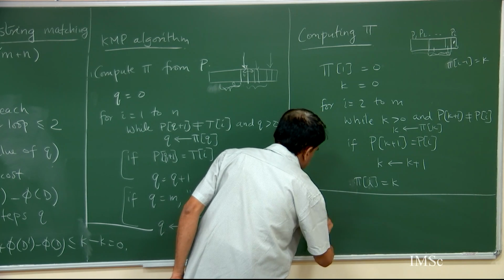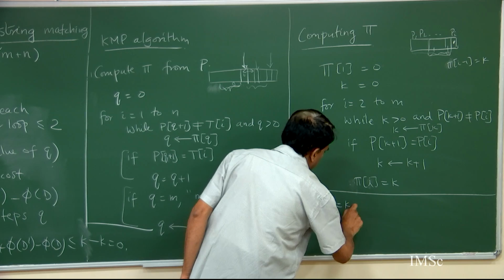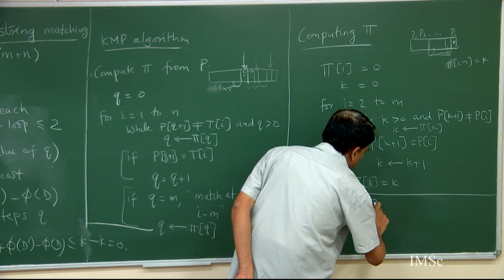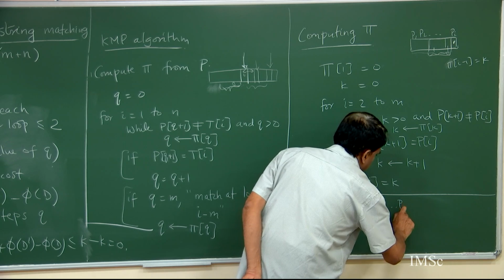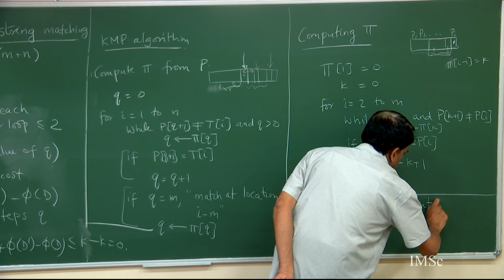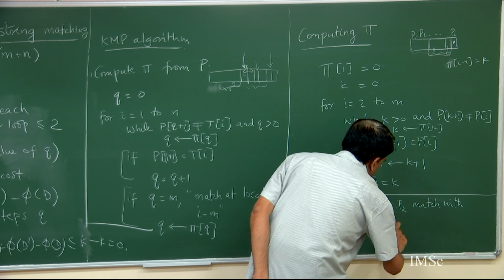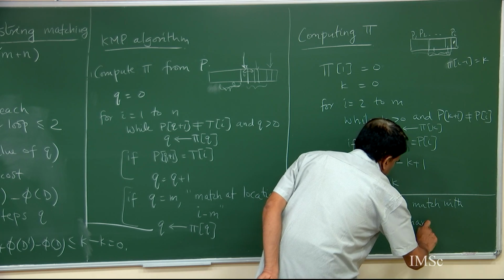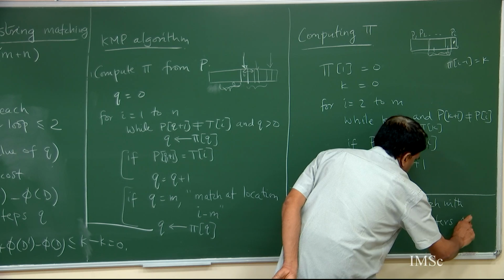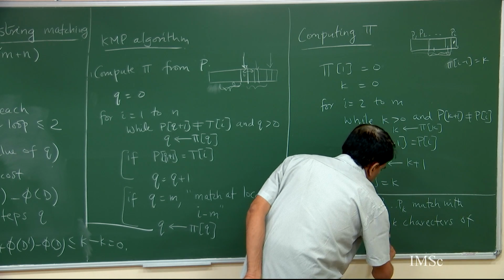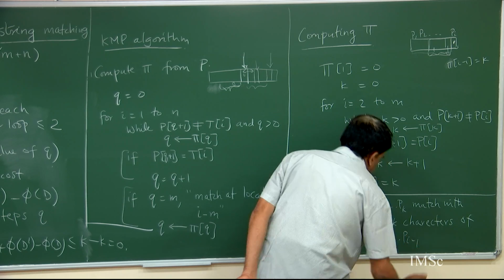Pi of I minus 1 is equal to k implies p 1 to p k match with the last k characters of p 1 to p I minus 1.